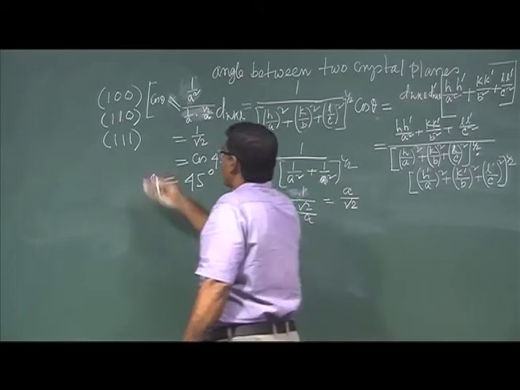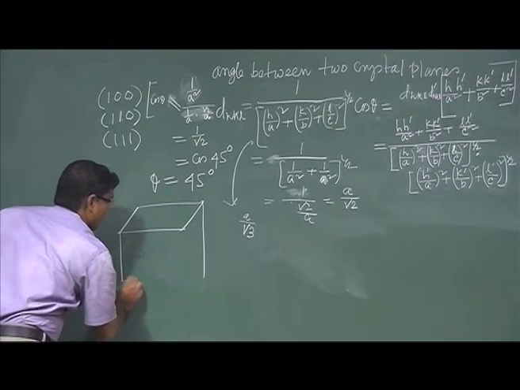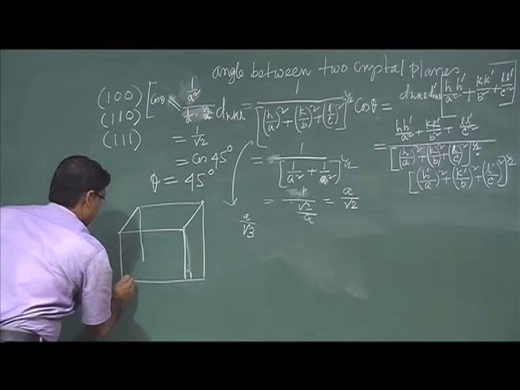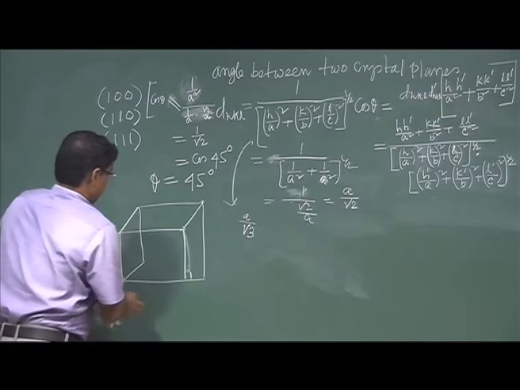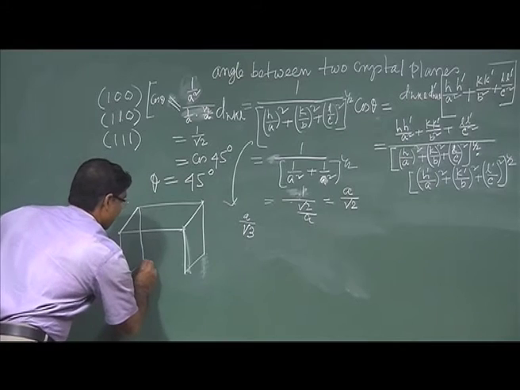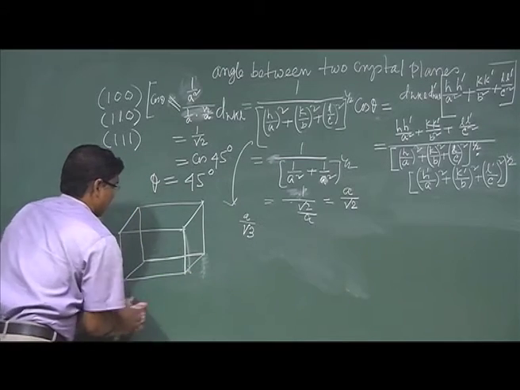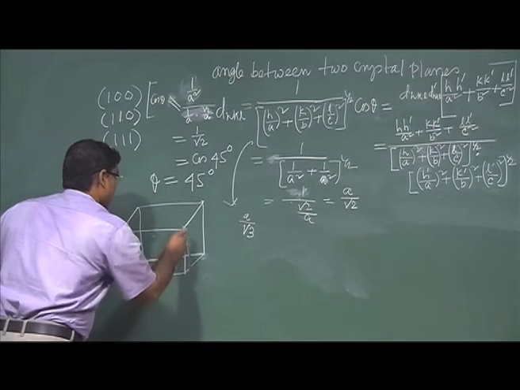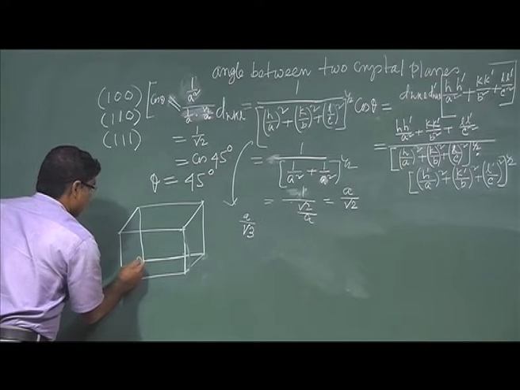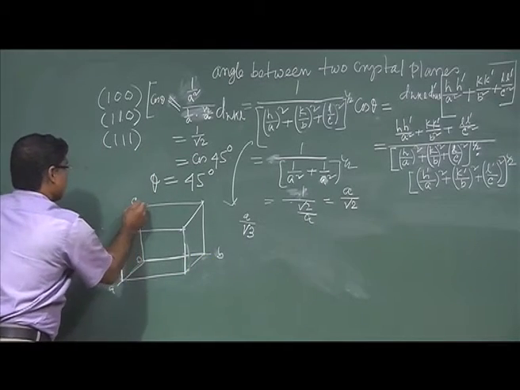So if you draw one plane, if you take this as the origin, this is the a axis, this is the b axis and this is the c axis.